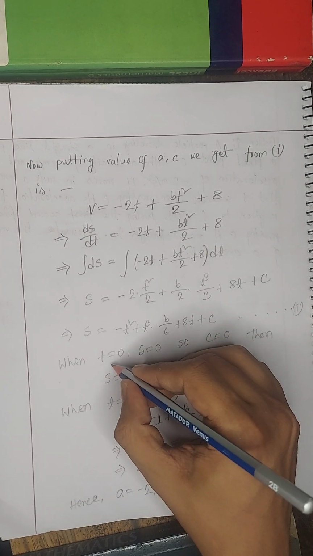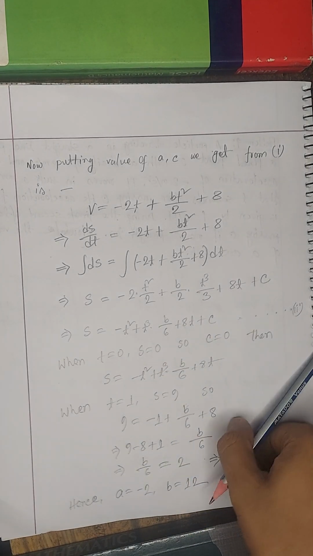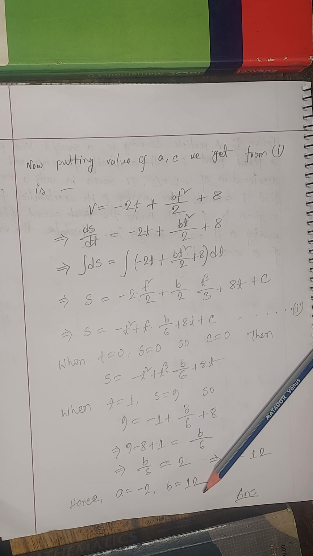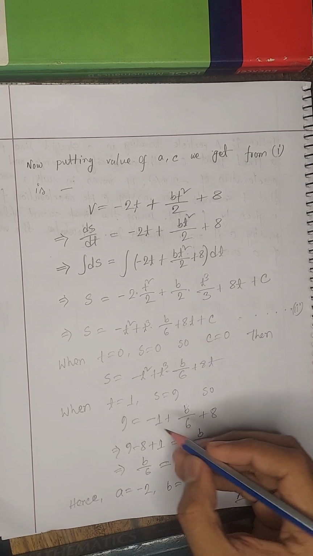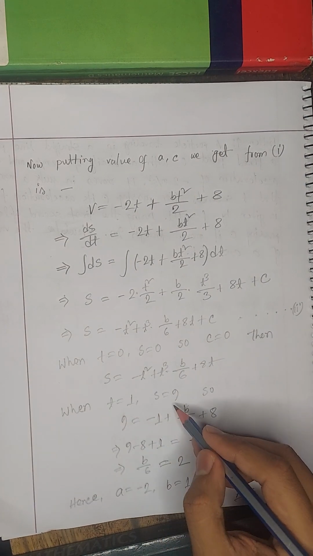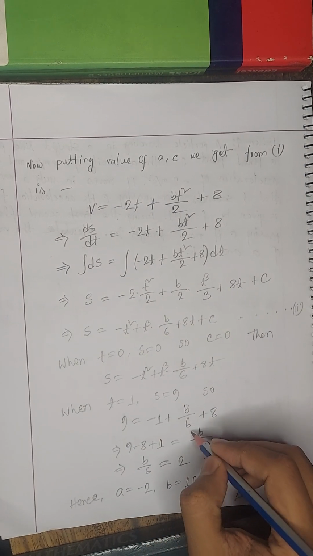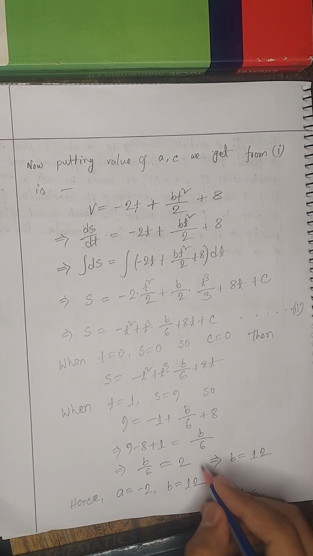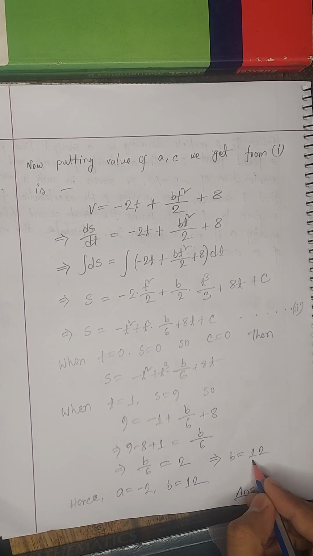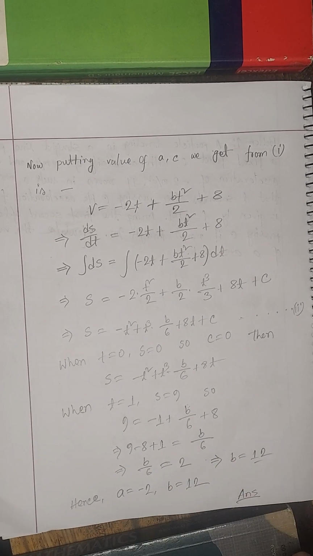And if we apply t equal to 0, s equal to 0, and c equal to 0, then we get s equal to minus t square plus t cube times b by 6 plus 8t, right? And when we apply t equal to 1 and s equal to 9, then we get 9 equal to minus 1 plus b by 6 plus 8. So the value of b will be 12, right? And the value of a is minus 2.